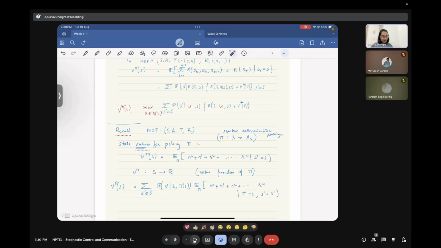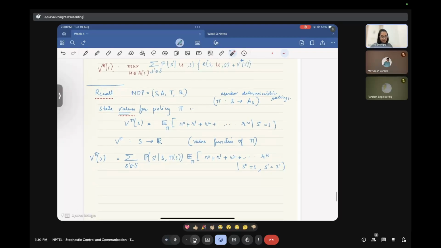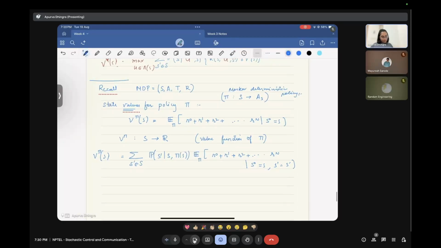Alright, so now I'm saying I can write the same value function in the following way. Instead of just conditioning on the initial state, I'm also conditioning on the next state. So I'm saying, what is S1? What is the next state? I'm saying it's some S dash. Whatever state I'm allowed to go to starting from S0, all of those S dashes, that's what I'm summing over.